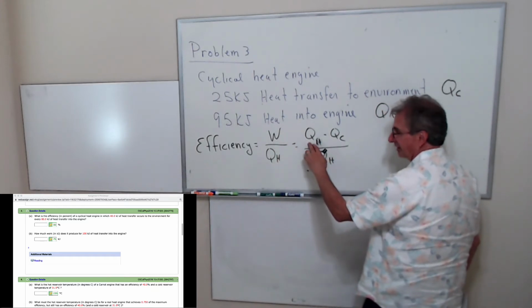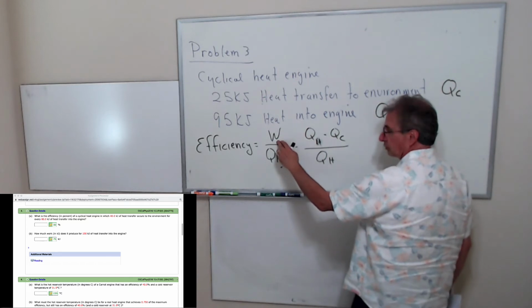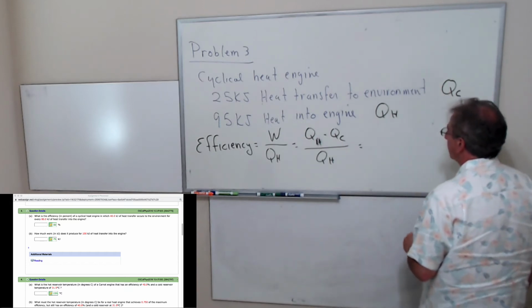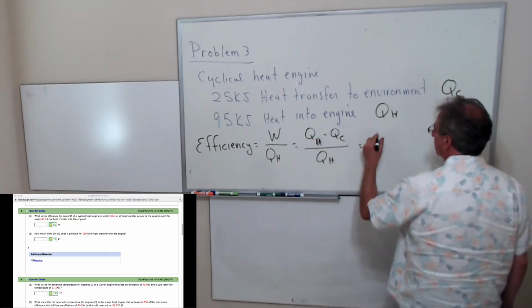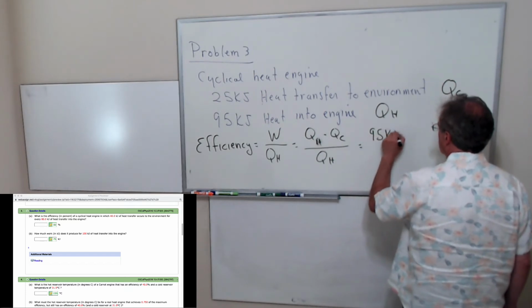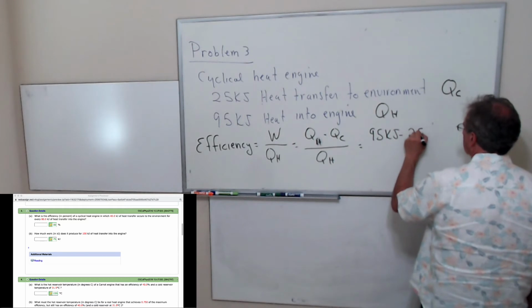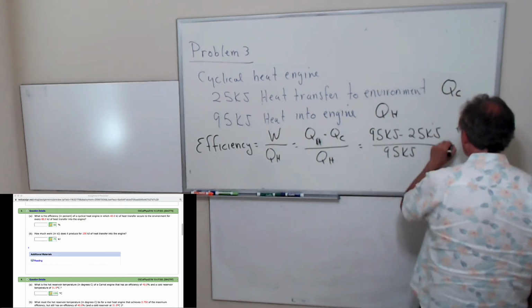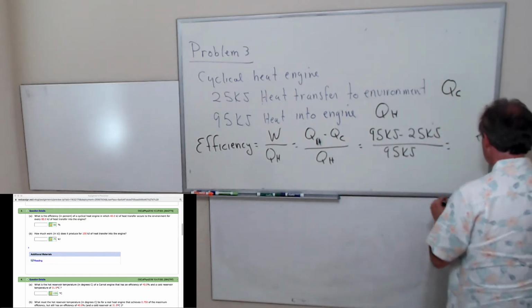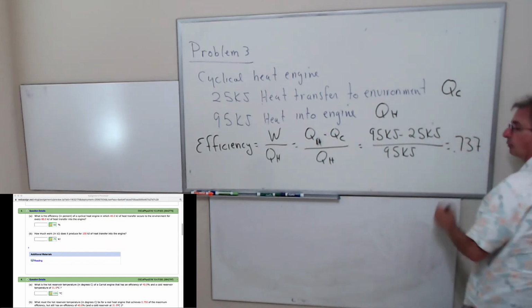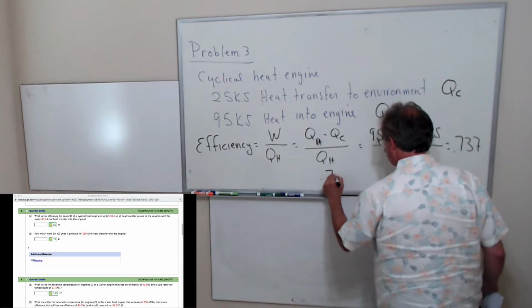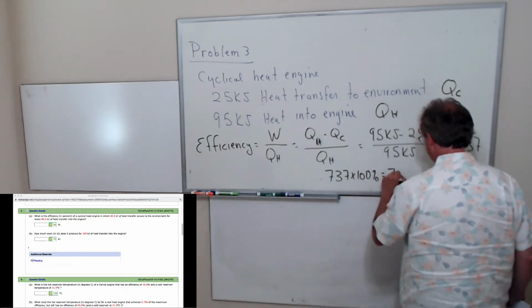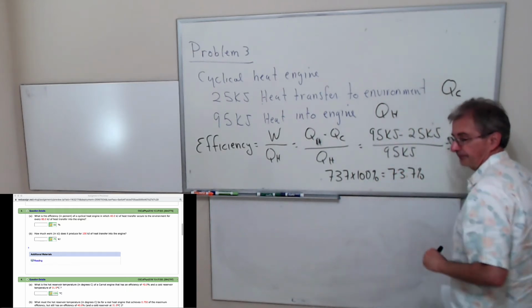So you put in this much energy, you put in this heat, this much work is done, this is what's given off. Okay. And so then we take Q hot, which was 95 kilojoules, minus Q cold, divided by Q hot. And this comes out to 0.737, but it wants a percentage. So you take 0.737 times 100. That's it.